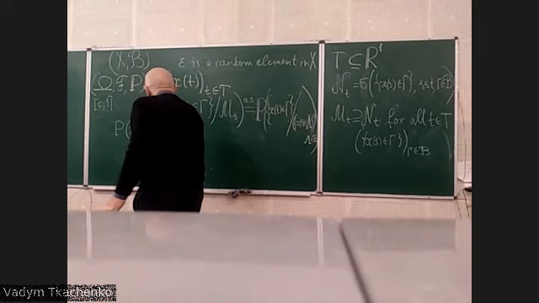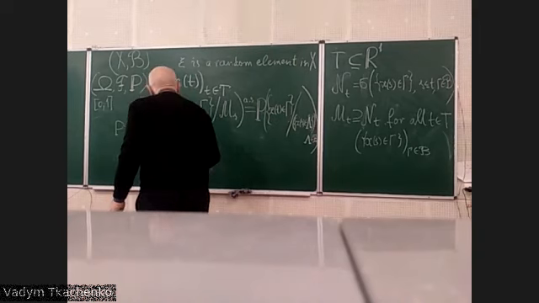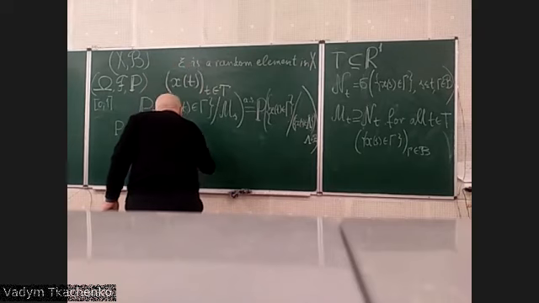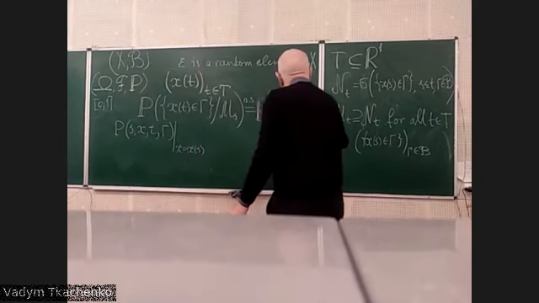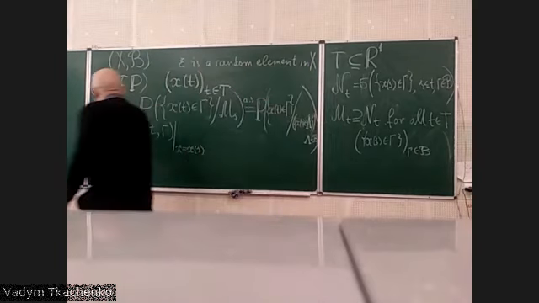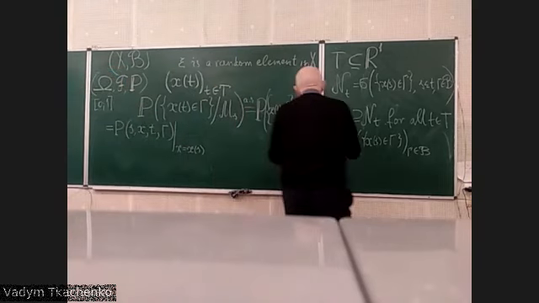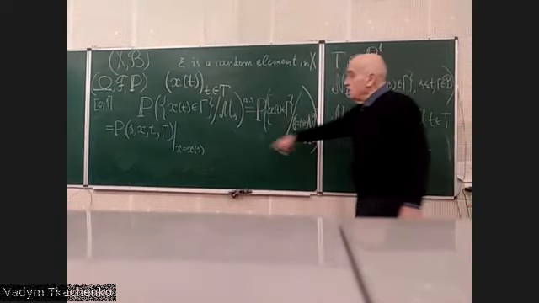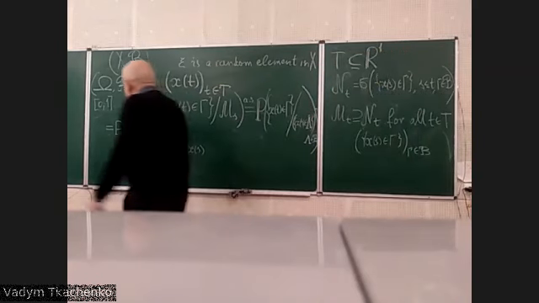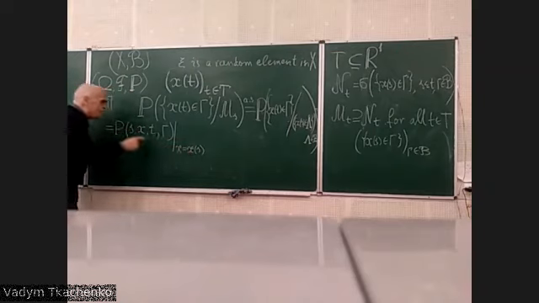And it is such that if I substitute X by X of S, I will assume the equality: this probability is equal to the value of this function if I substitute X of S instead of X.